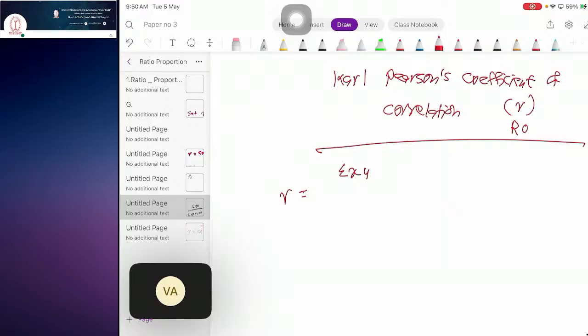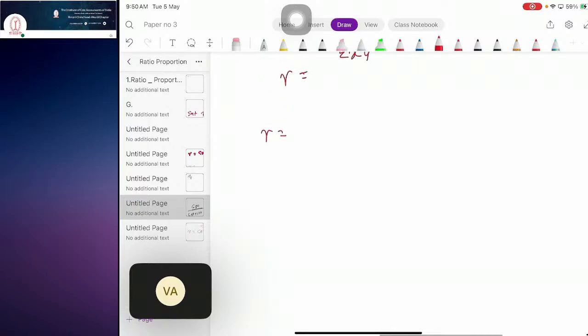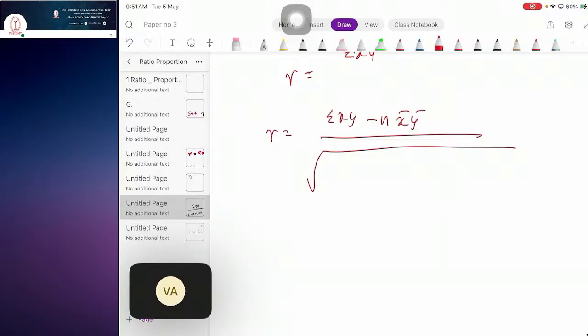The first formula for calculating Karl Pearson's coefficient of correlation: r is equal to summation of xy minus n x bar y bar, upon under root of, in first bracket, summation of x square minus n x bar square, and in second bracket, summation of y square minus n y bar square.